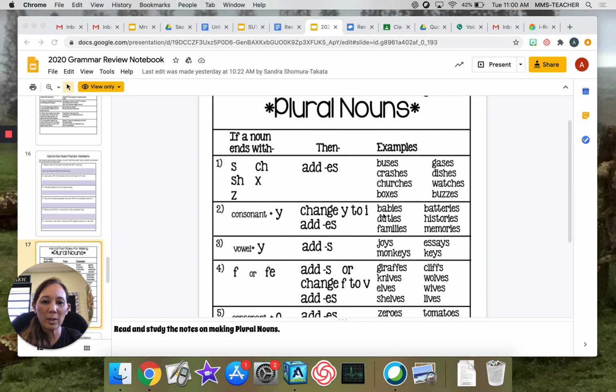So the consonant is a B, and it ends with a Y. To change it to a plural noun, it says change the Y to an I, which we did here, and add an ES. So therefore, the plural noun of baby is babies. B-A-B-I-E-S. And here are other examples of the same rule. Consonant plus a Y. Duties, families, batteries, histories, and memories.